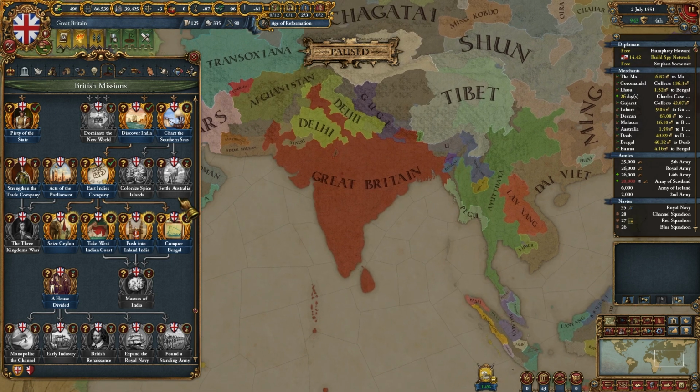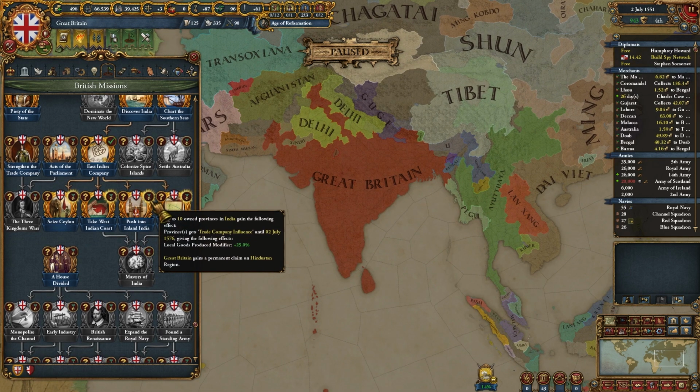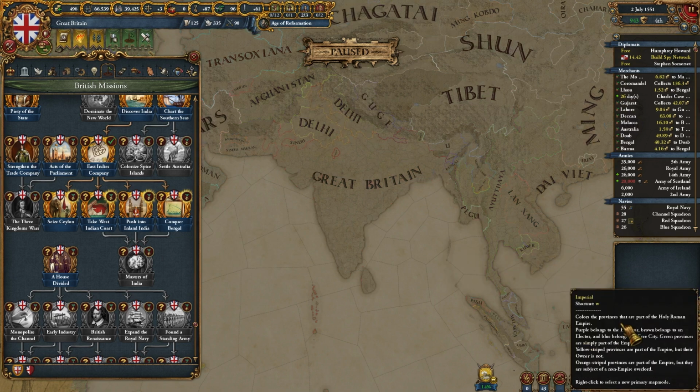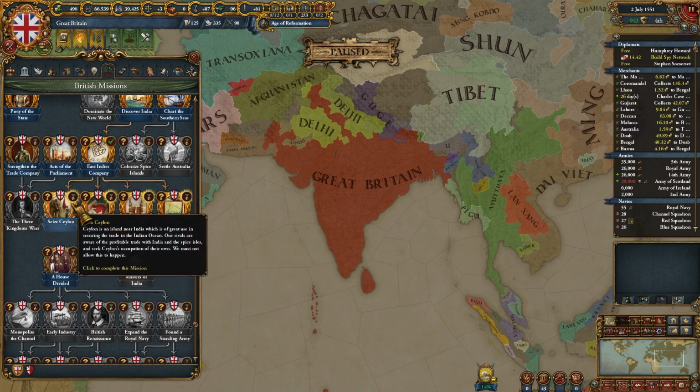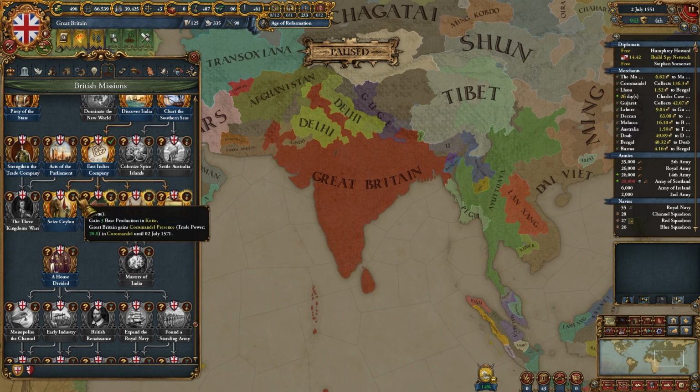But of course, the mission tree doesn't end here, as I basically own all of India already since 40 years already. I can now click all the Indian missions over here, as you can see. This is not like too exciting.